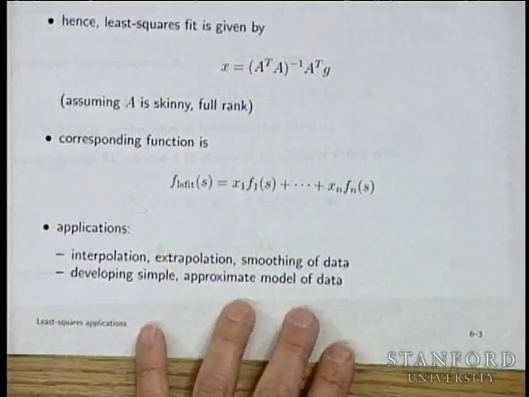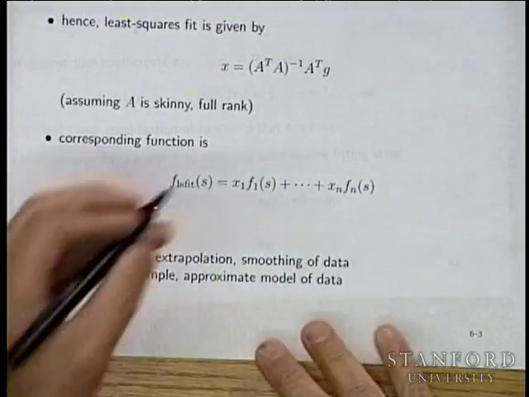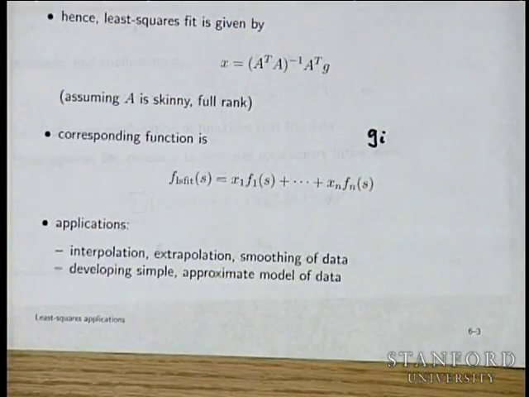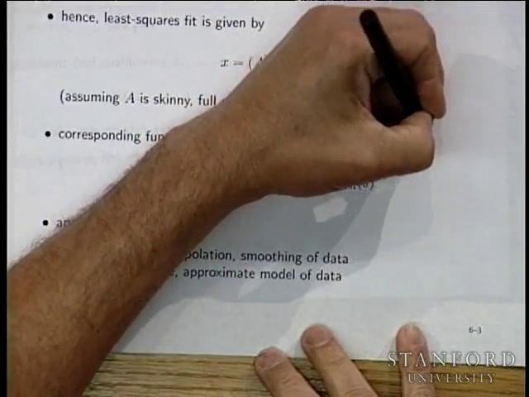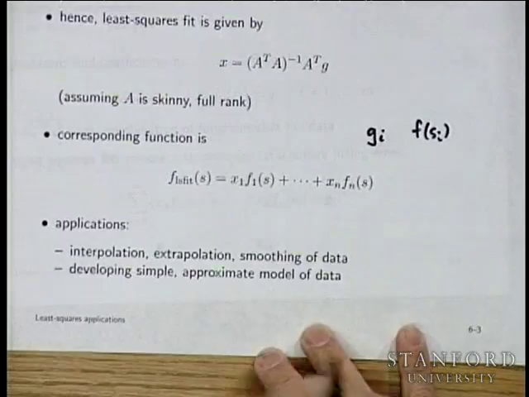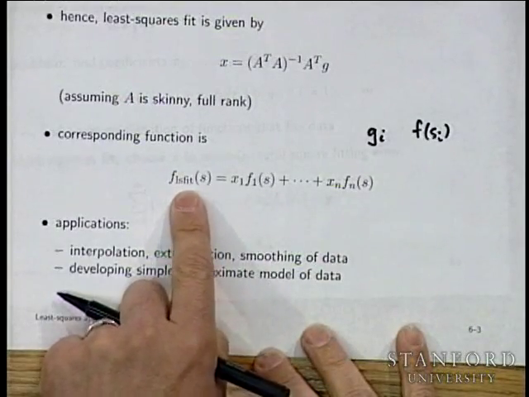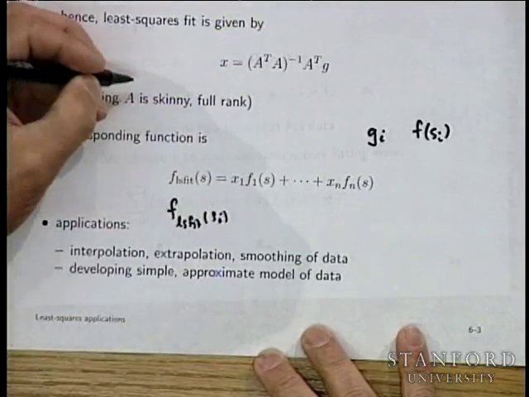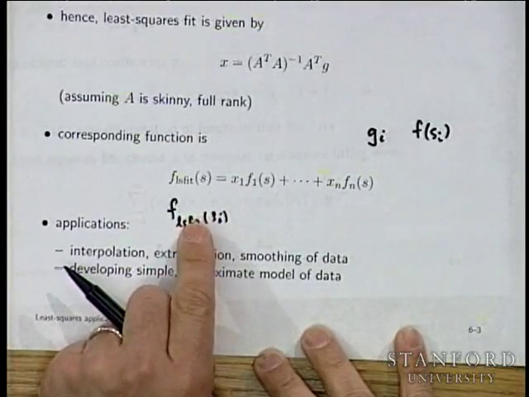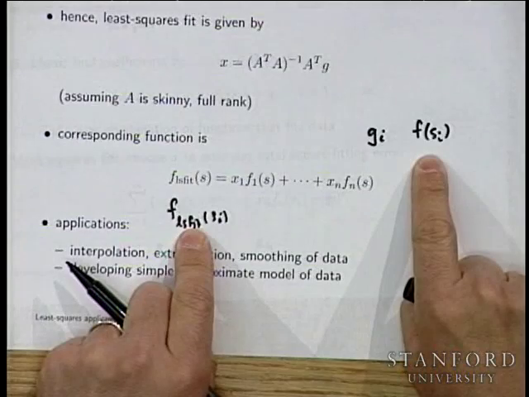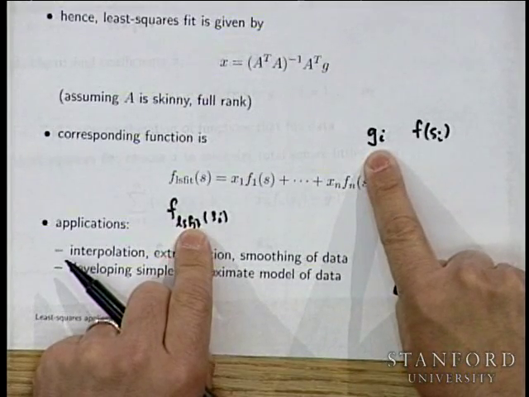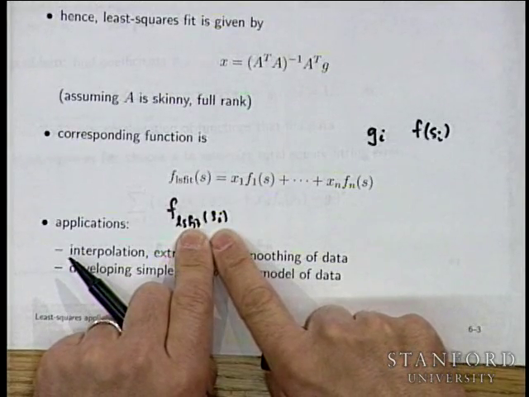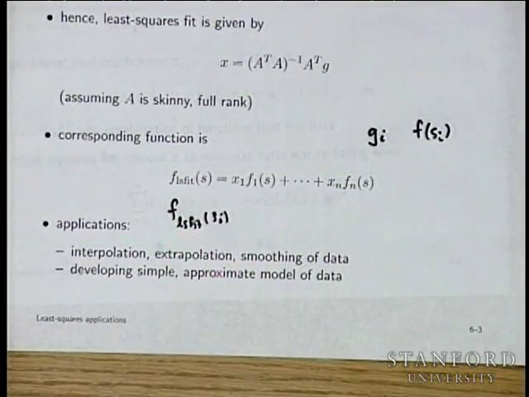You can even go back and, if you think of g_i as an extremely noisy measurement of what some underlying f of s_i should be, first do the fit, then come back and look at the least squares fit of s_i, and you say, I believe that's really what this is. This is just the horrible noisy measurement. And now you've got a beautiful way to denoise the data. I'm just making up applications because there's lots of them.